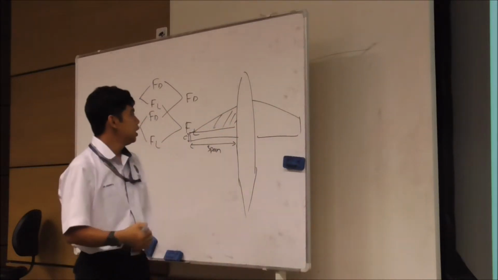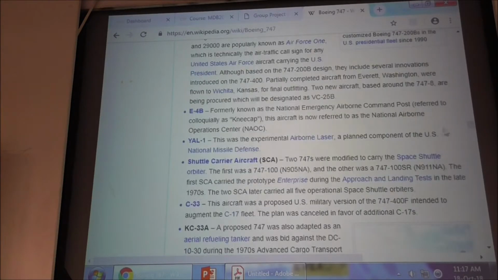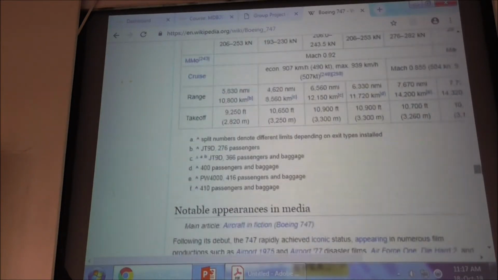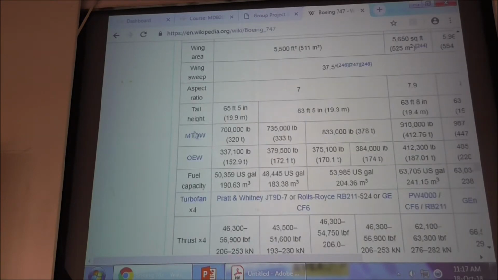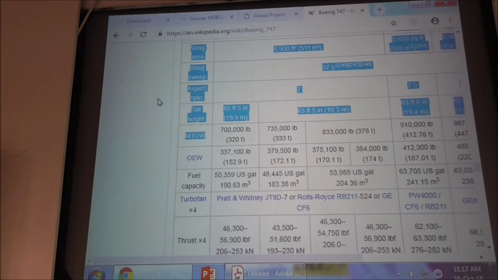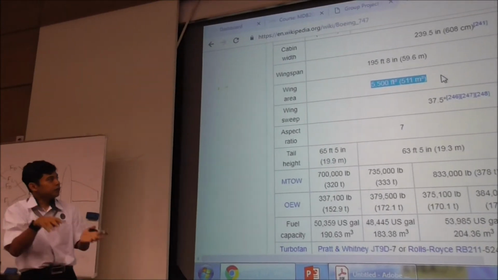That's why nowadays this is usually given. If you look at an aircraft, they will give you the wing sweep and the wing area. The wing area is what you call the platform area. Basically, the platform area is not only the wing; the fuselage also needs to be calculated, because the fuselage provides some of the lift for the aircraft.